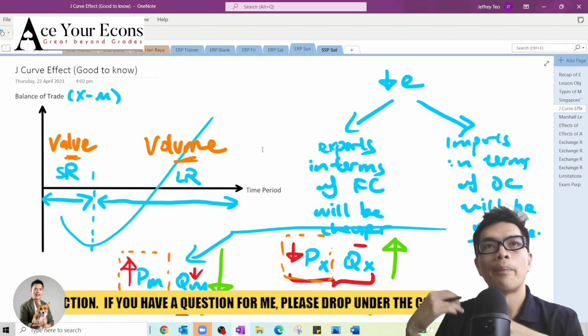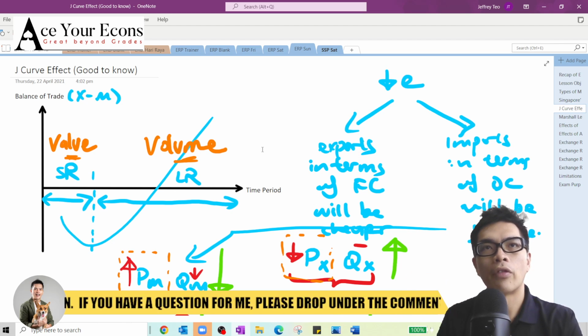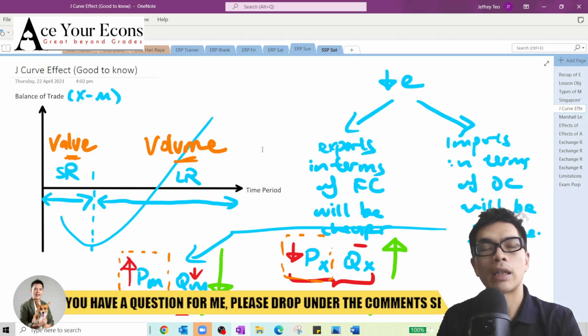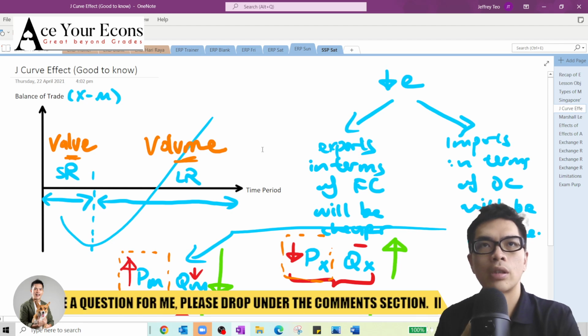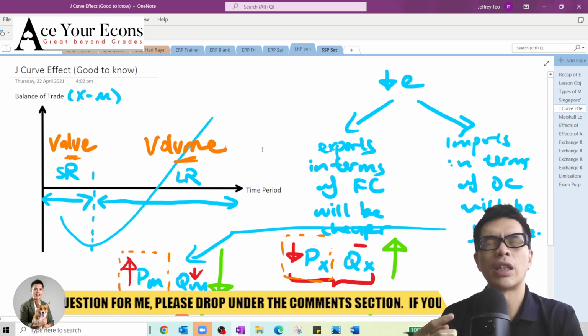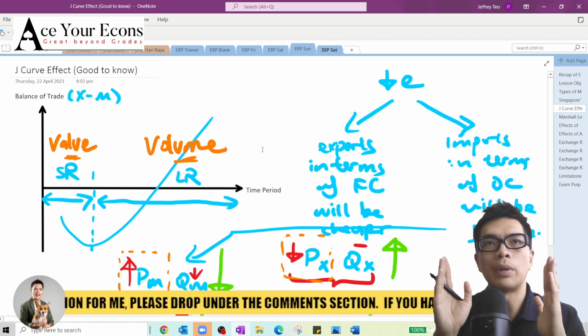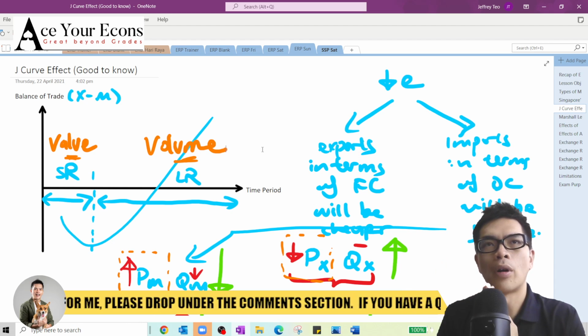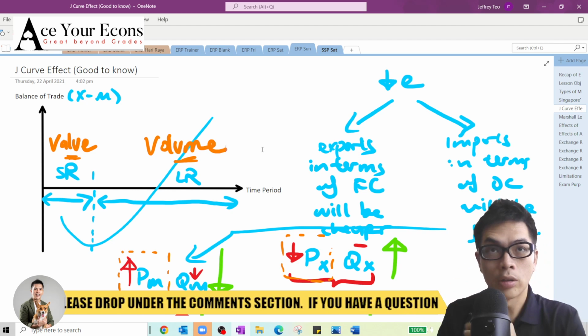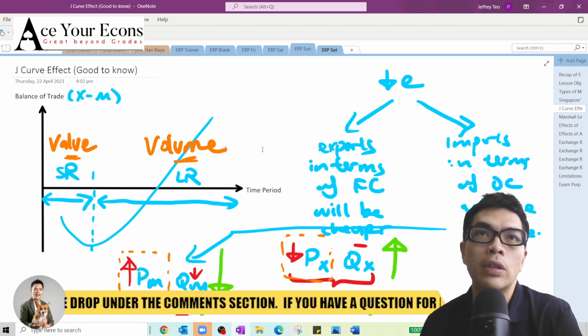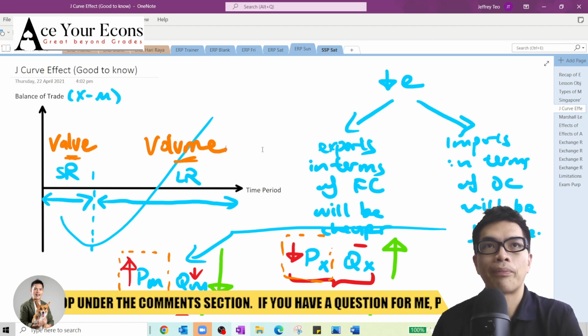Make sure you're familiar with the value and volume effect. You don't need to explain that, but you need to state that the Marshall-Lerner condition holds. Upon an initial depreciation, if the PED of your exports plus the PED of your imports is greater than 1, then quantity demanded of your exports and imports will be more responsive to price changes.